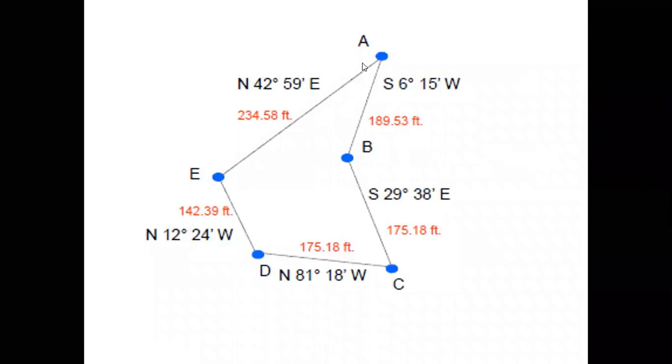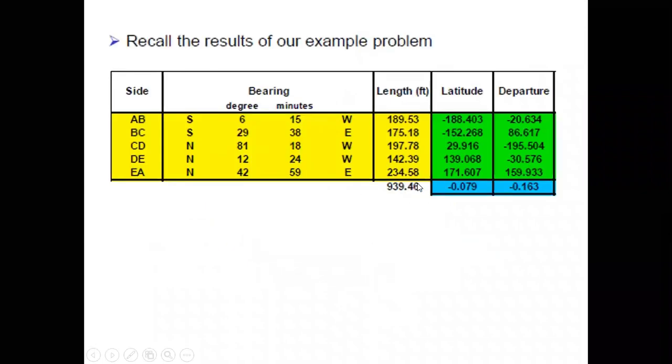If we consider this example, we're given line segments AB to EA. For each line segment, we're given the direction or the bearing as well as the length, so we can tabulate our values. Recall the results from our previous example. For the sides AB to EA, we're given the bearing and the length.